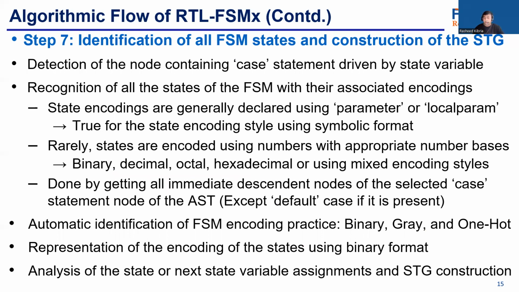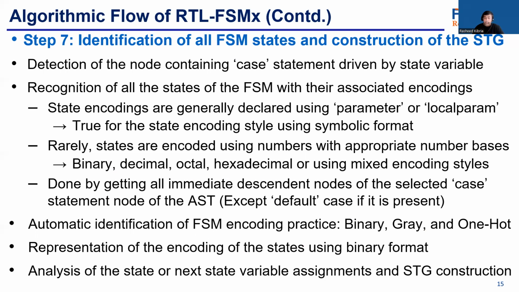State encodings are normally declared using parameter or localparam type variables. It is true for the state encoding style using the symbolic format. Sometimes states are encoded using numbers with appropriate number basis, for example, binary, decimal, octal, hexadecimal, or sometimes using mixed encoding styles.